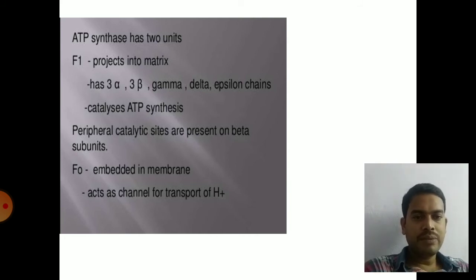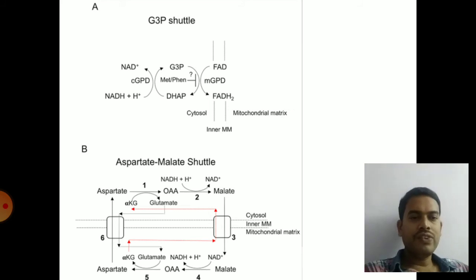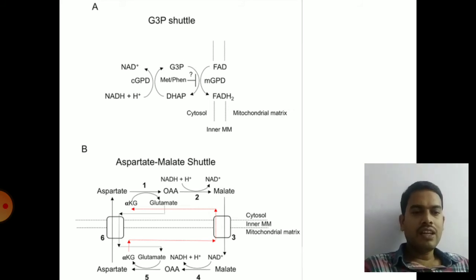So that is ATP synthase. So we have an overview that the electron transport chain takes place in the inner mitochondrial membrane, and there will be an H plus ion gradient between the matrix and intermembrane space, which leads to the synthesis of ATP. So that is the overall view.